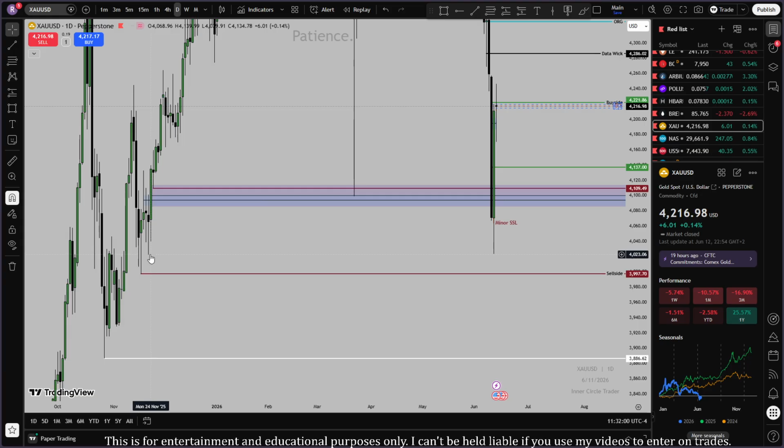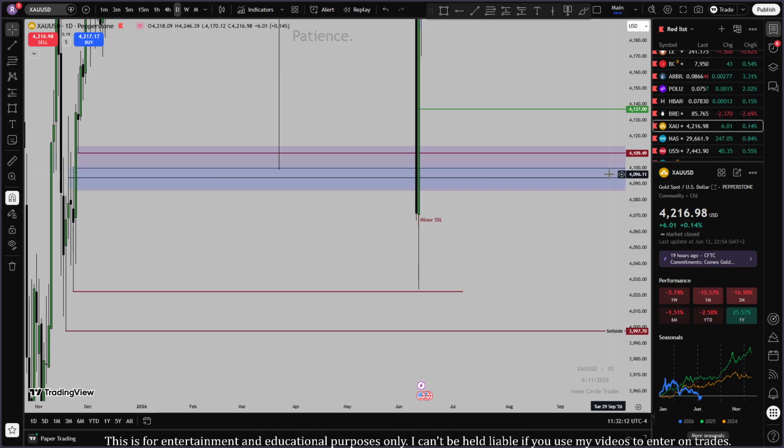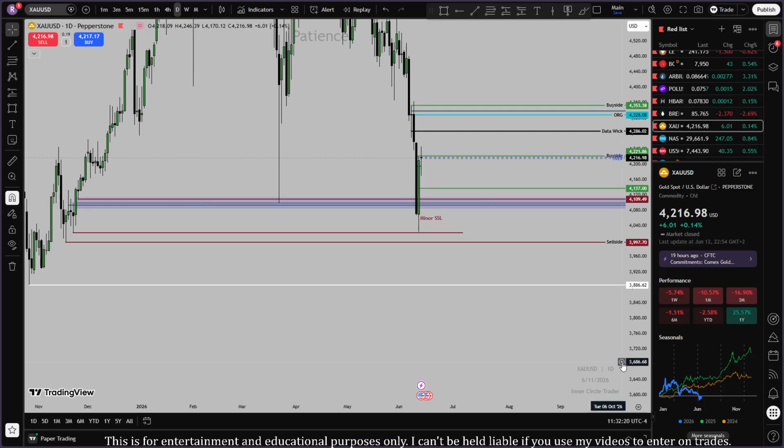And we failed to tap that low. So you can see right there, see how we failed to tap it, right? And then we just vroom up. That is just them making the engineered sell side liquidity.